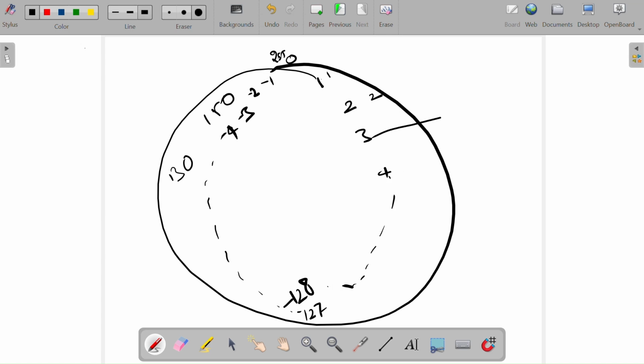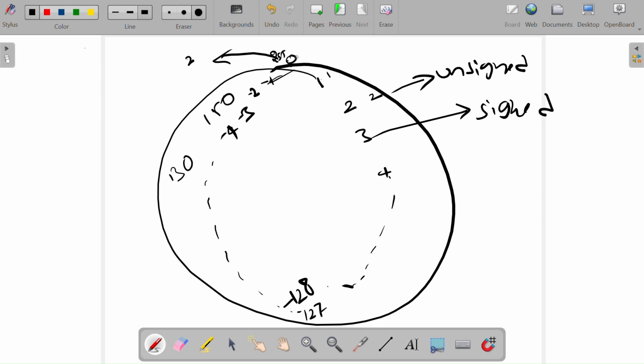This representation is signed and that representation is unsigned. In the previous example, 0 minus 1 shows 255 for unsigned, and for signed it shows -1.